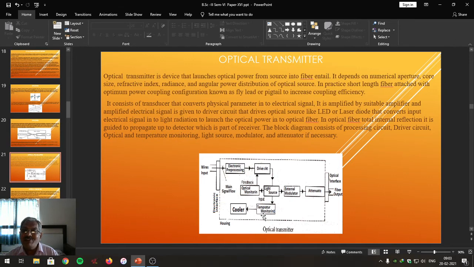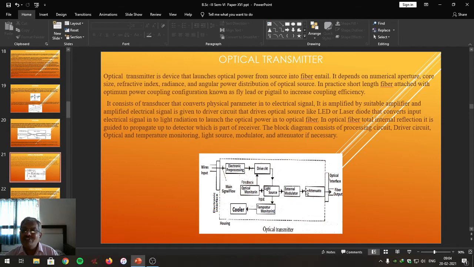And the temperature of the light source is maintained by a temperature monitoring circuit with the help of a cooler, so that the life of the light source increases and the efficiency of the light source increases. It emits the light radiation at its output as per the driving circuit drives its biasing current. The light source used here might be an LED or a laser diode.